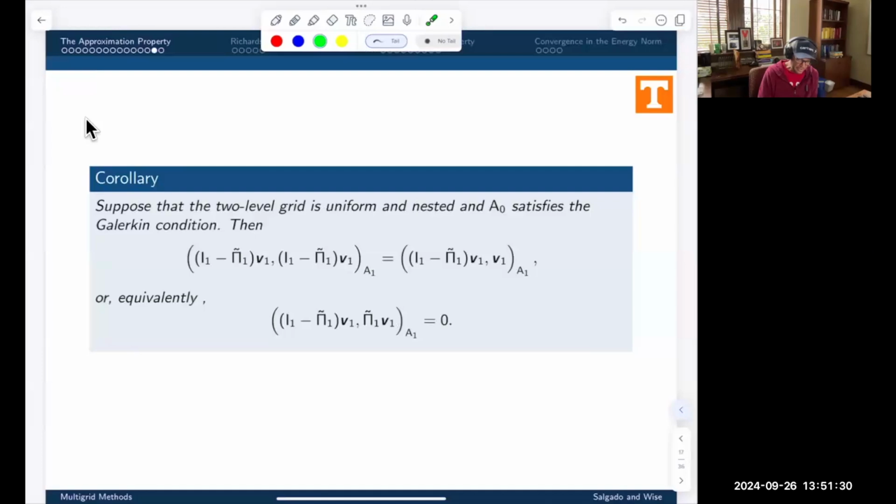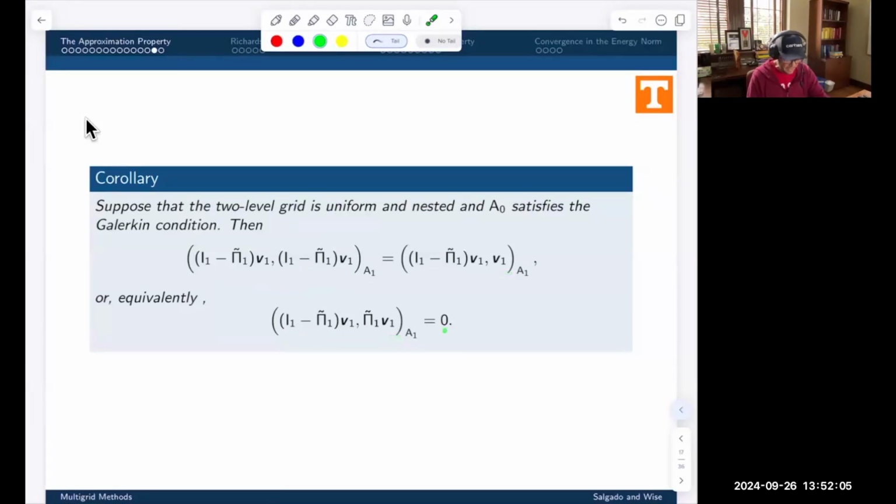Now, this corollary that I'm stating here is the part that we're going to use over and over again. If the Galerkin condition holds, then we showed that this inner product was equal to 0. So if I expand this out, I get two terms, this plus that, but this one is equal to 0. So these are two equivalent statements: for all V1, this equals that is equivalent to saying that this inner product is equal to 0.